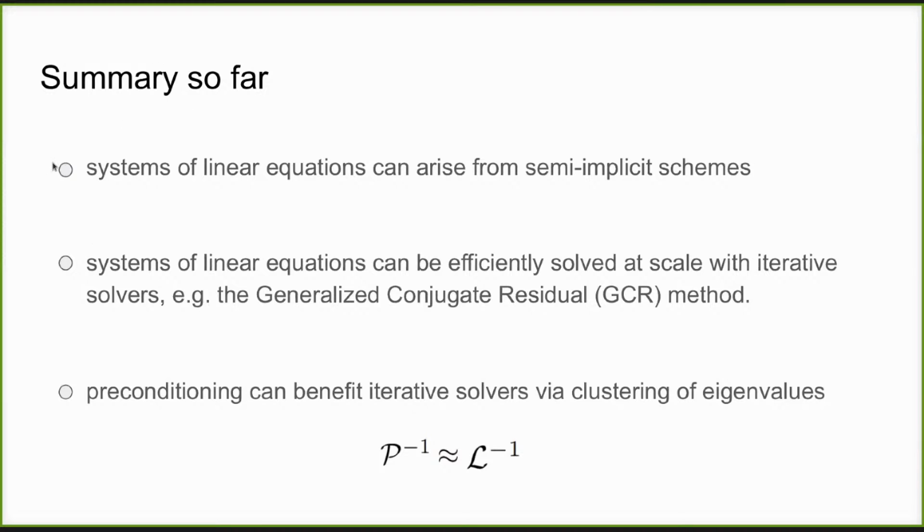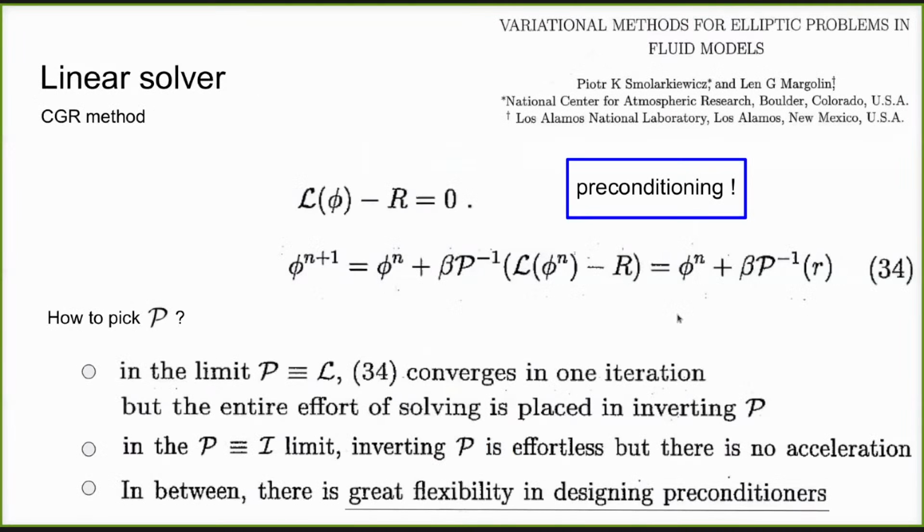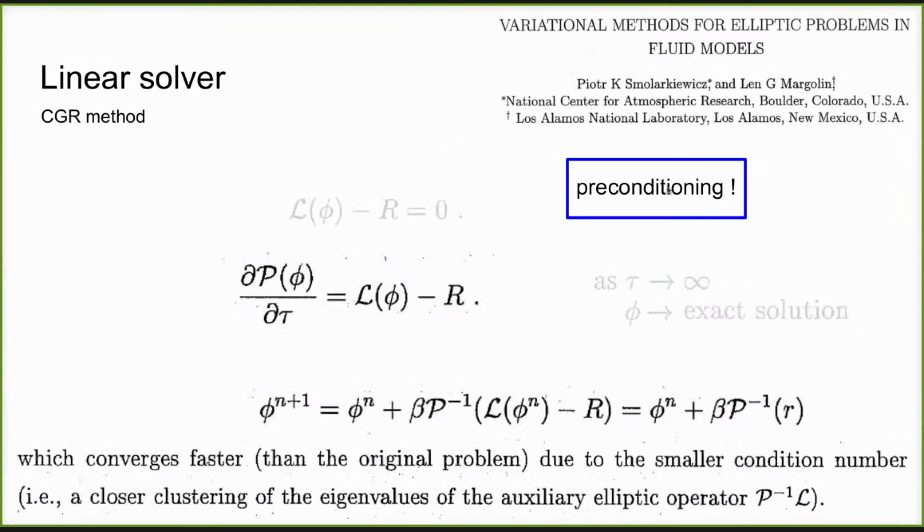Quick summary. We've seen systems of linear equations can arise from semi-implicit schemes. We've seen this on the shallow water equations. At scale, you would usually solve them with iterative solvers. We've seen this generalized conjugate residual method in the paper. It's nicely explained in this paper here.